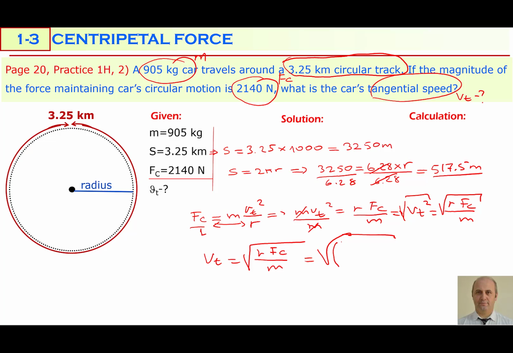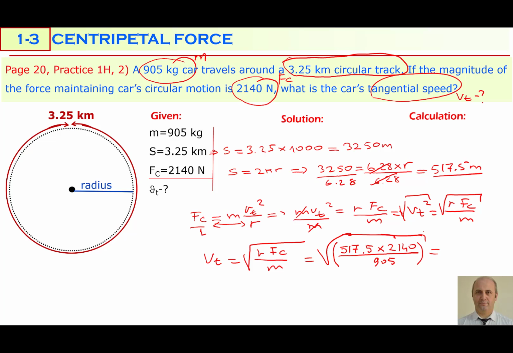So r is, we just calculated, 517.5 multiplied by centripetal force 2,140 divided by mass of the car is 905. Close the bracket. So answer, let's do it.